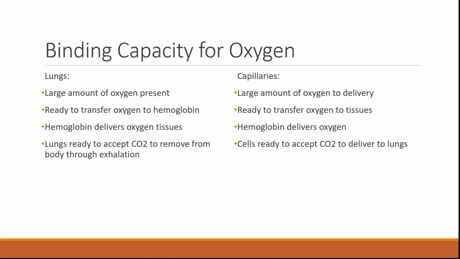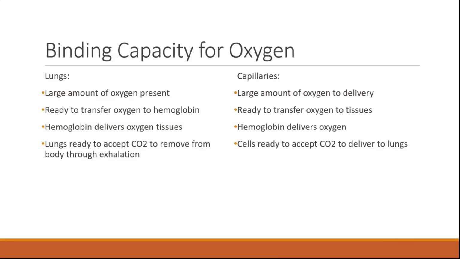And so when that occurs, the lungs have transferred all the oxygen and are now ready to accept any incoming carbon dioxide that has been produced as a byproduct after cellular respiration occurs, which is after oxygen is eventually delivered.